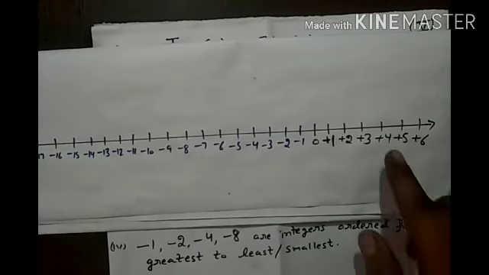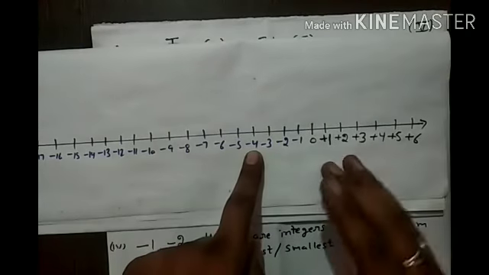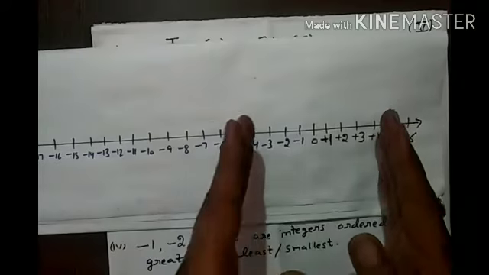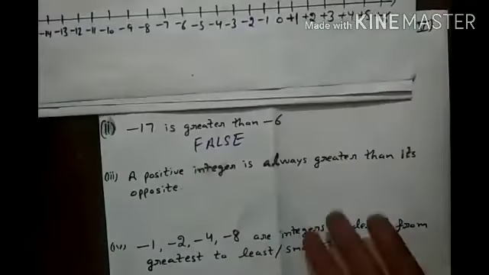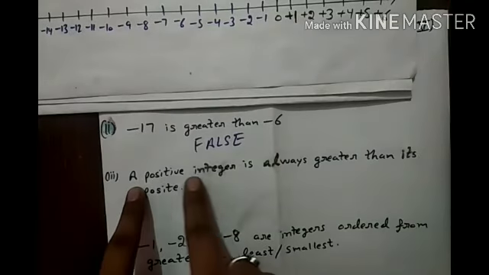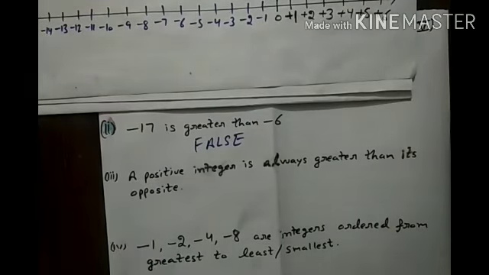I take an example of 4. This is plus 4 and its opposite is minus 4. You can see plus 4 is on the right hand side and minus 4 is on the left hand side. So plus 4 is always greater. So it is written that a positive integer is always greater than its opposite. So this statement is true.